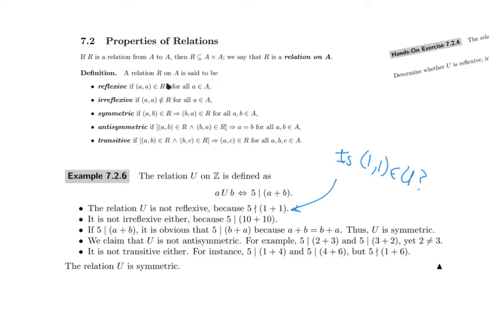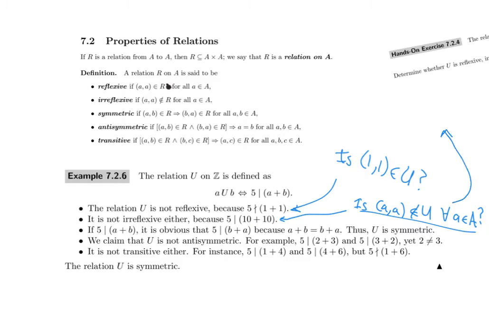Well, again, we're asking now the question, is (A, A) not in U for all A in A? And this is also not the case because, for example, if you pick 10 for A, (10, 10) is in the relation.